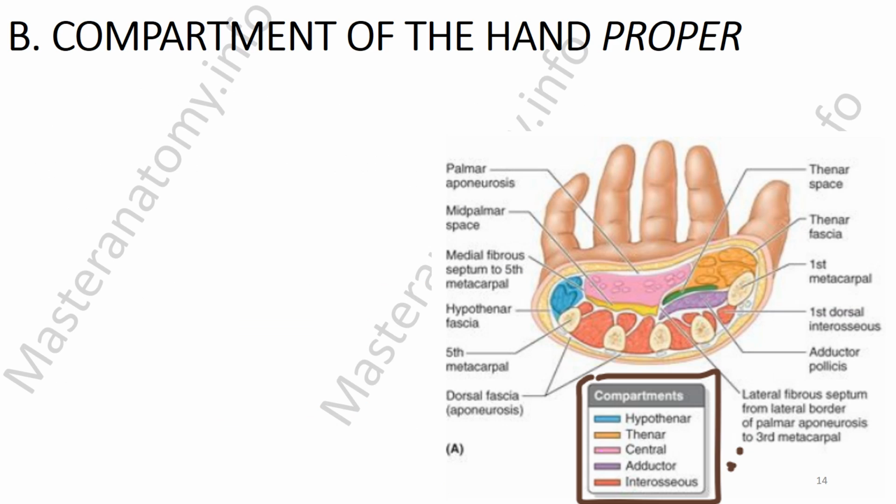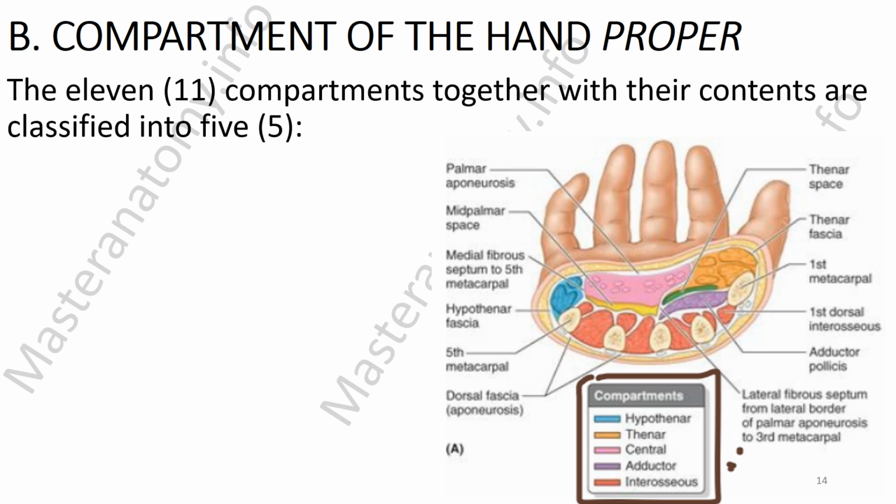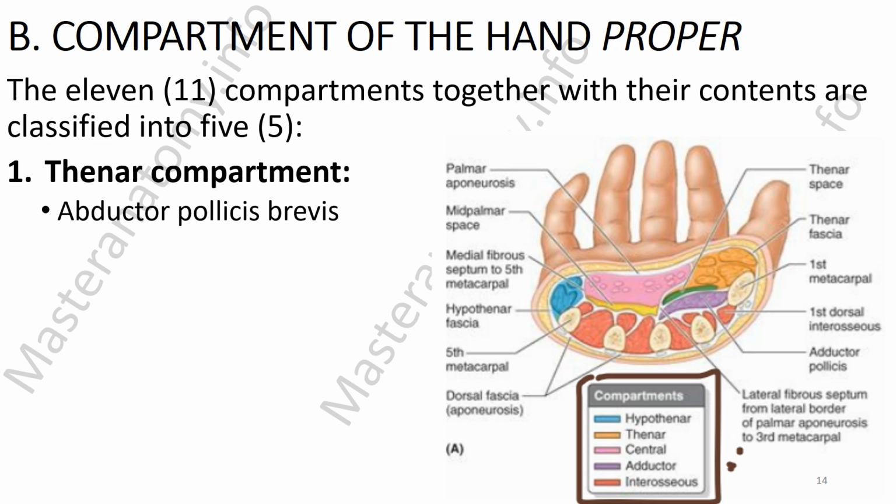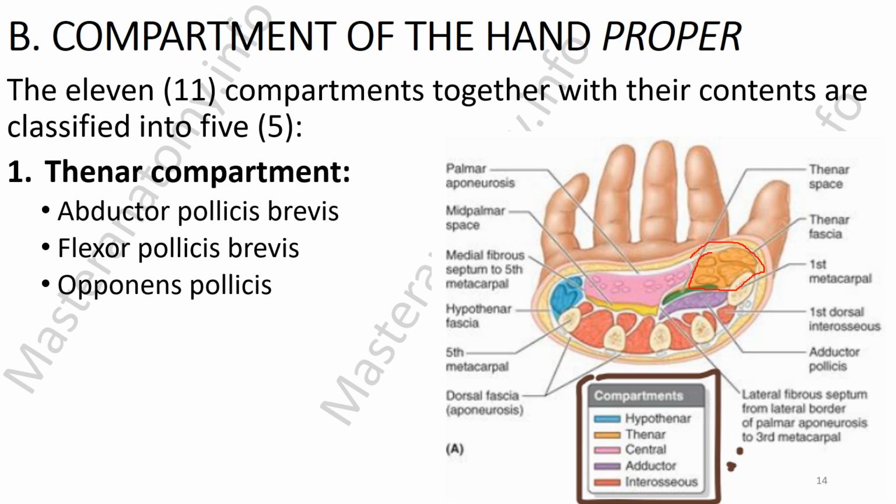So we move to the compartments in the hand proper, and this includes 11 separate compartments which are classified into five for simplicity's sake. Now this is the thenar compartment, the bulge proximal to the thumb, containing the abductor pollicis brevis muscle, the flexor pollicis brevis, the opponens pollicis brevis, and the thenar space, the green space, lateral to the lateral muscular septum is the thenar space.